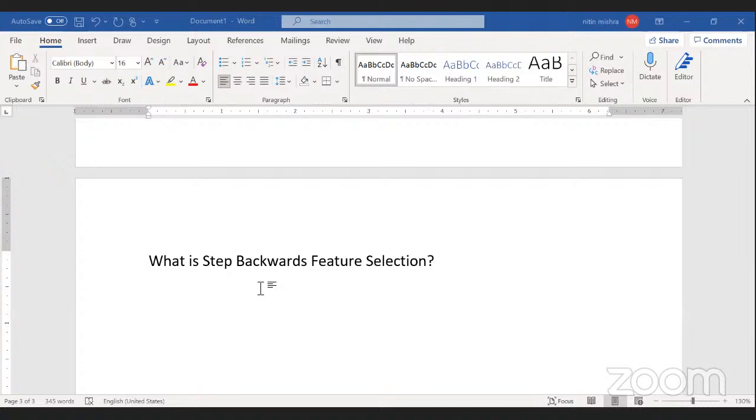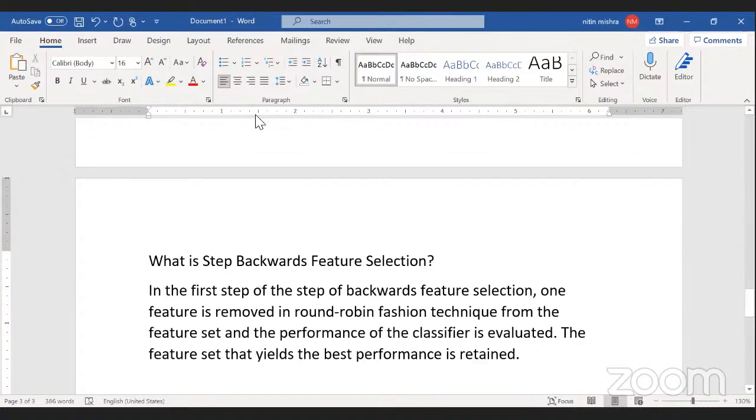All right. So every time one is removed and we try to look at the performance of the classifier, predictor, whatever it is, which of those n combinations is going to work, given that there are n number of features. All right. So this is the first step.